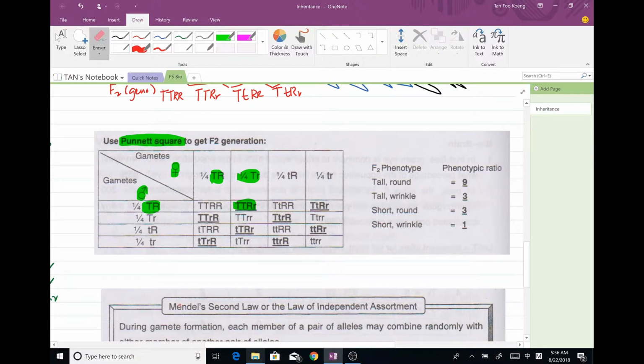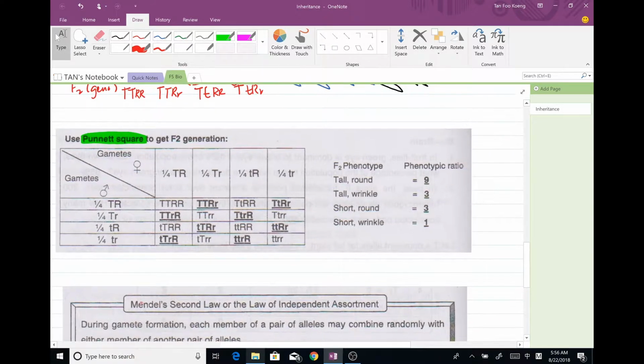Now let's look at the phenotype of this F2 generation. Big T, big R. So the phenotype of this plant of the F2 generation will be tall and round. Okay, I'm going to count it using the matchstick method. I get 1 here. Big T, big R, small r.